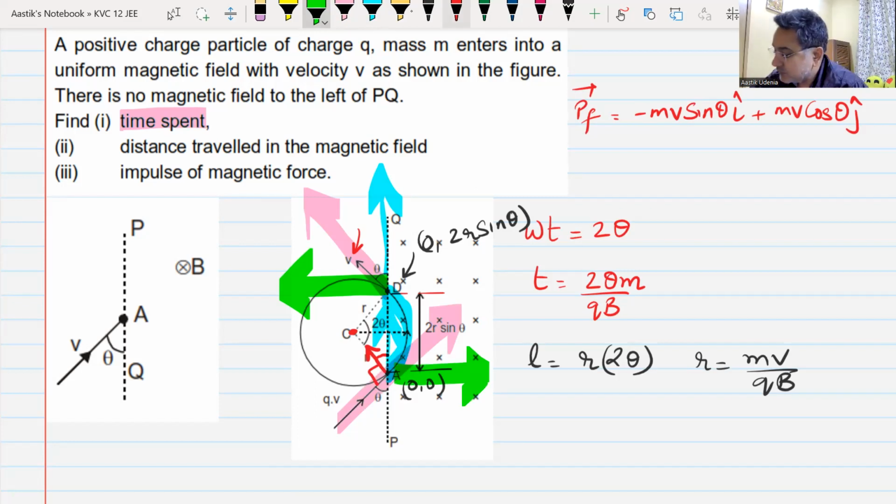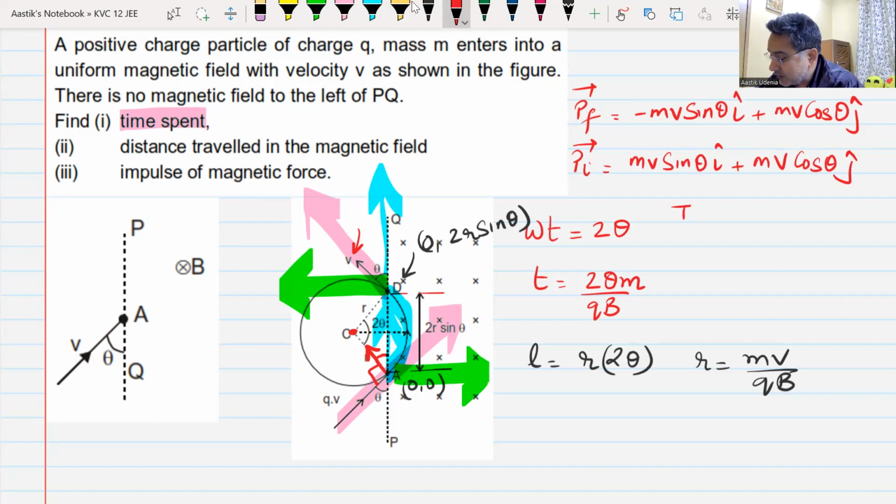Yes, sir. So your initial momentum will be mv sine theta into i plus mv cos theta into j.